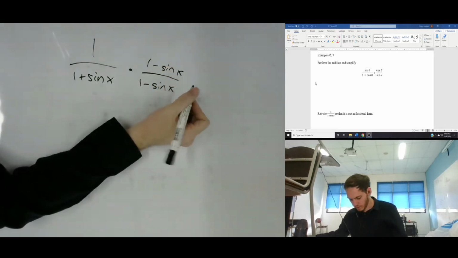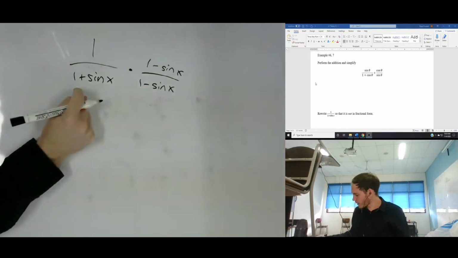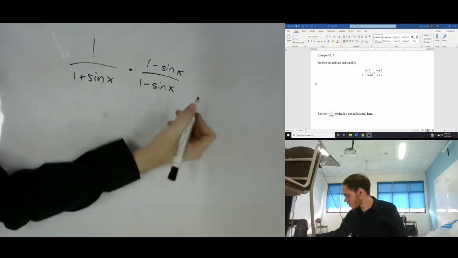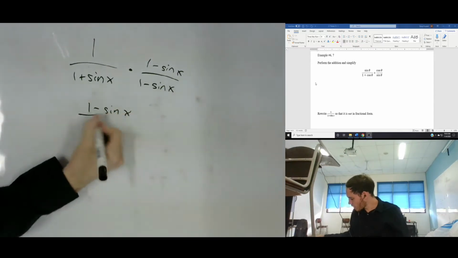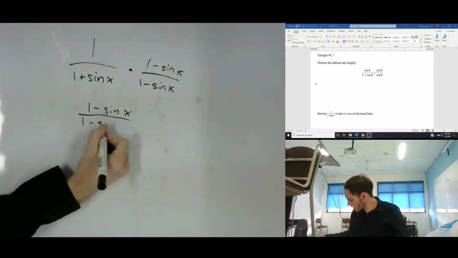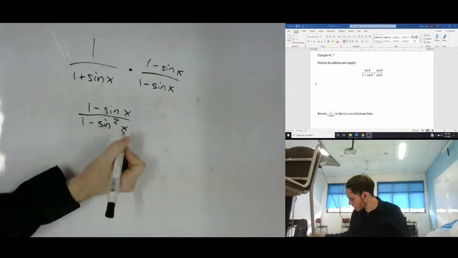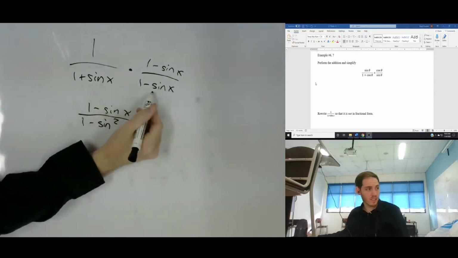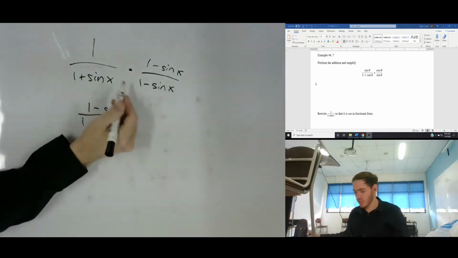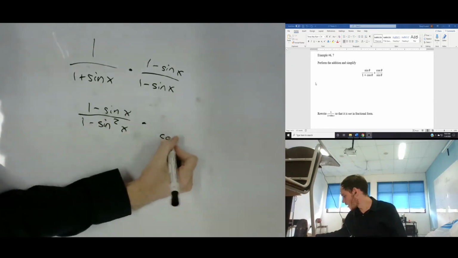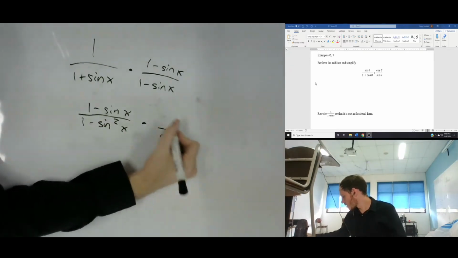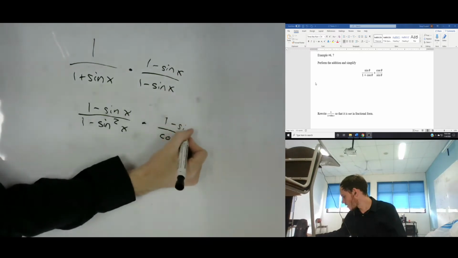And if you multiply the bottom by that, the top, you end up getting 1 minus sine of x on top over 1 minus sine squared x. Okay, that's just multiplication. This is a conjugate. So then this bottom thing will become cosine squared of x. So 1 minus sine of x.